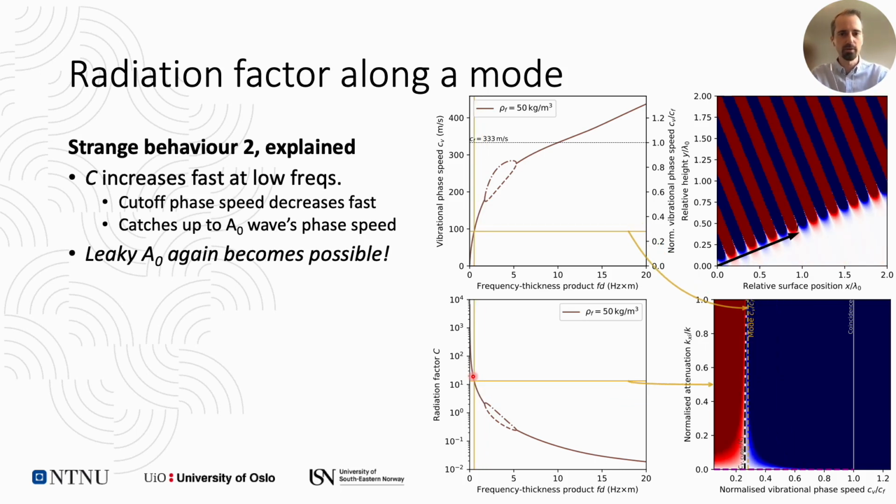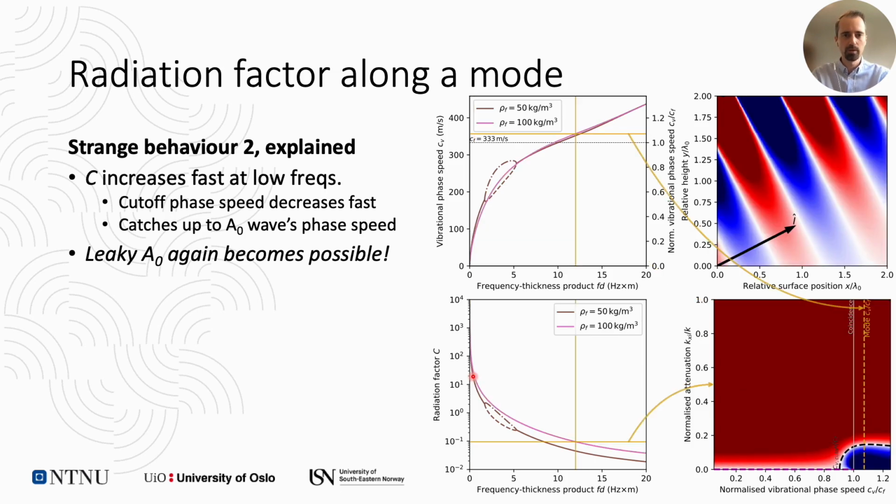Now this explains the second strange behavior of the reappearance of the A0 mode. Because C increases so fast with decreasing frequency, the cutoff phase speed will eventually catch up to and outrun the current phase speed.